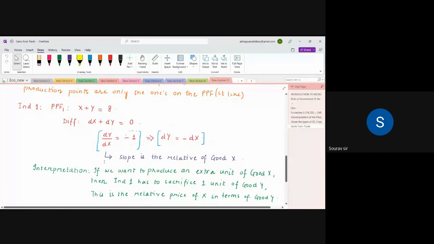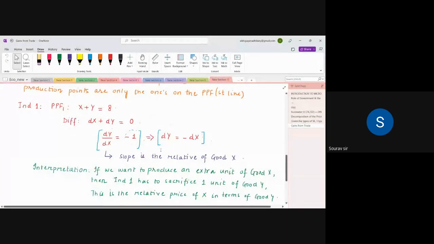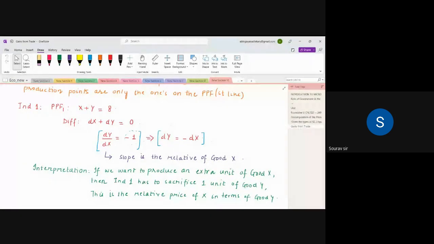All right. Now comes another question. Let's say we are talking of individual one. When I am writing dy by dx as minus 1, I am interpreting this as the relative price of good x. Is there any way that from here we can interpret the relative price of good y as well? Is it possible?